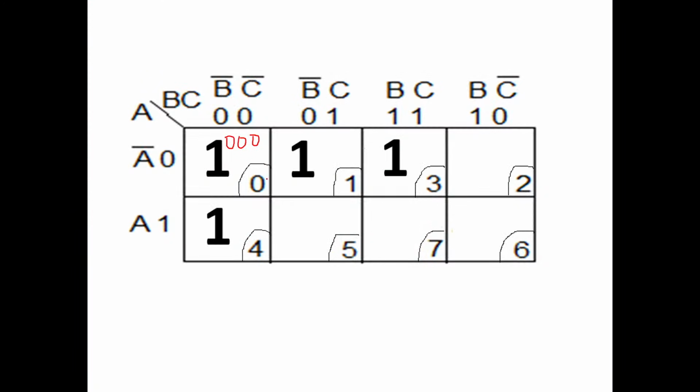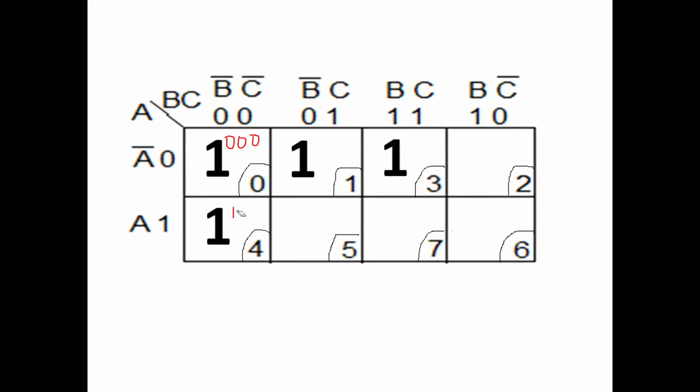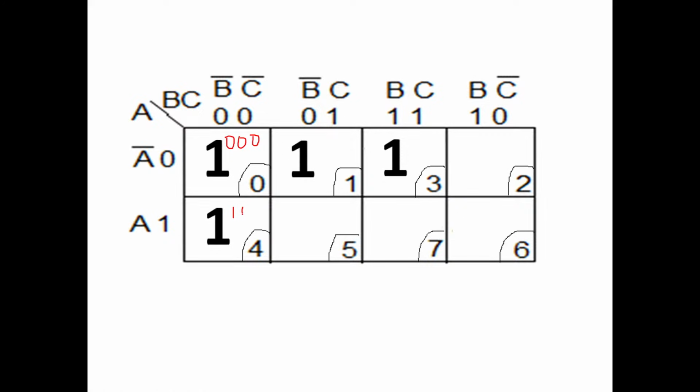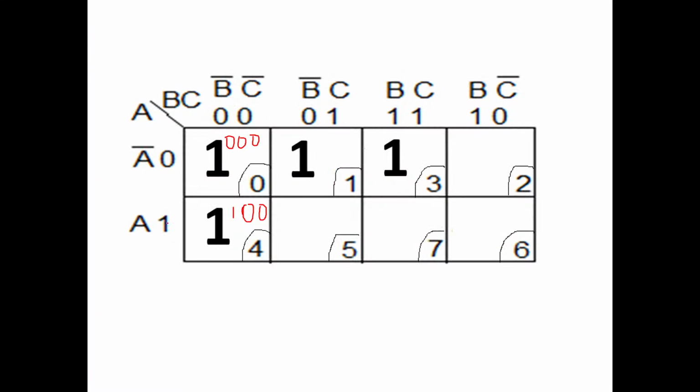Next 1, double 0. Where is 1? This is 1, and double 0 is 0, 0. Yeah, this is it. One more: 0, 0, 1. Here 0 is there. Here also 0, 1. Okay.